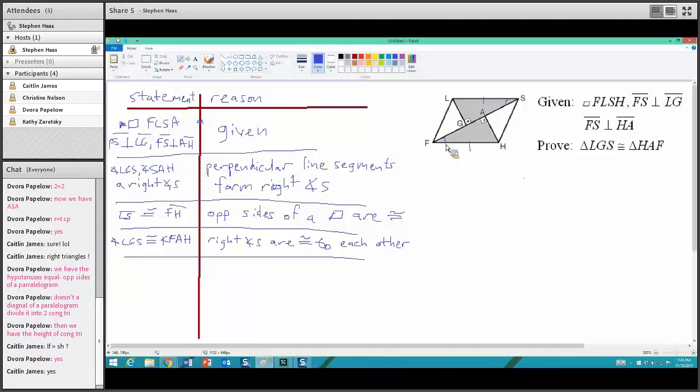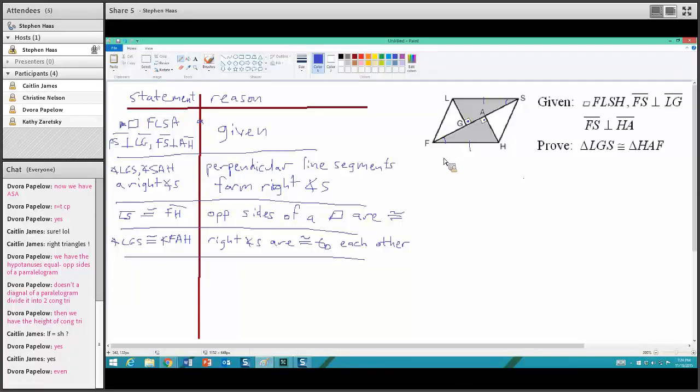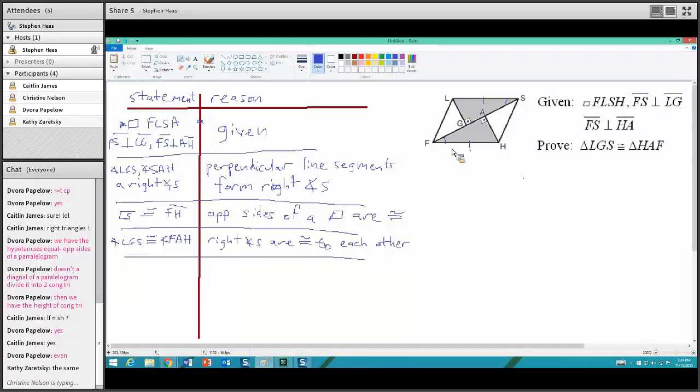So what's the relationship between the two angles I just marked? They're alternate interiors. Remember alternate interiors? If you have two parallel lines and they're cut by a transversal, angle 1 equals angle 2 because they're alternate interiors. If this is parallel to this, then on opposite sides of the transversal, they're alternate interior angles.